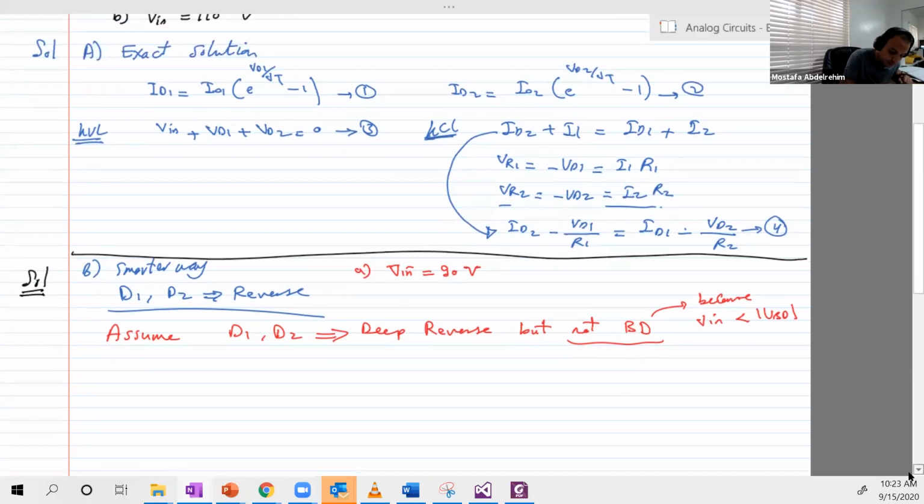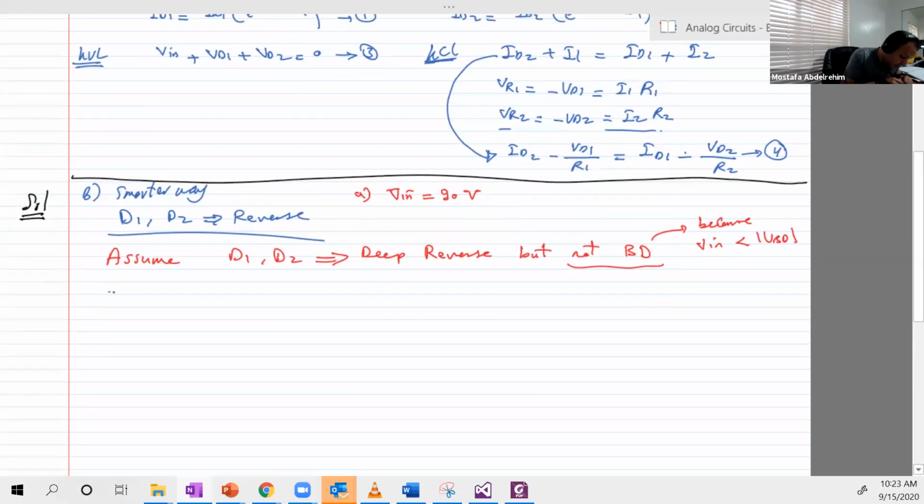Okay. Since D1 and D2 are in deep reverse, then we can assume that ID1 is equal to minus I01 and ID2 is equal to minus I02.